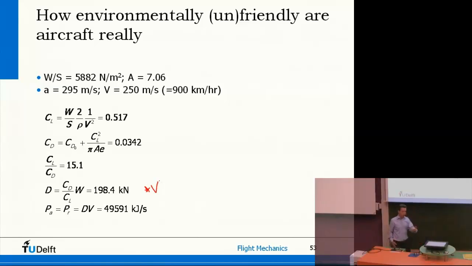So power is just force times velocity. So that's almost 500,000 kilojoule per second. So it sounds quite a lot, but you can see this power, energy per second, is basically the amount of fuel that you actually are going to need per second.